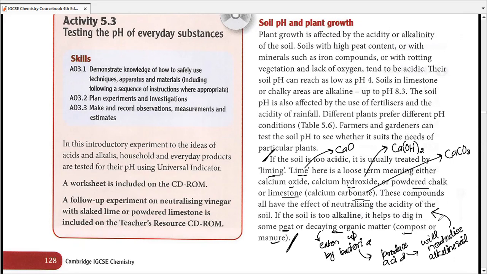Instead, throwing in some peat, the soft form of coal, decaying organic matter, compost, manure, fallen leaves, unused parts of plants that we don't require. In a matter of a few days, bacteria are automatically going to eat them up, produce acid as a waste, and that acid is going to neutralize the alkaline soil.